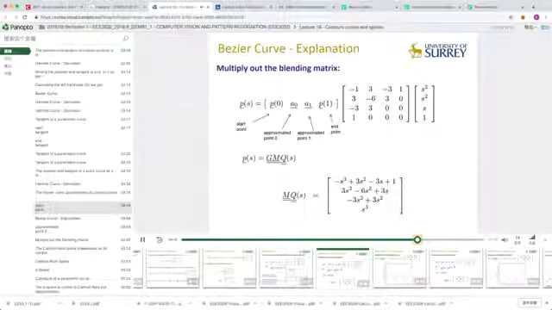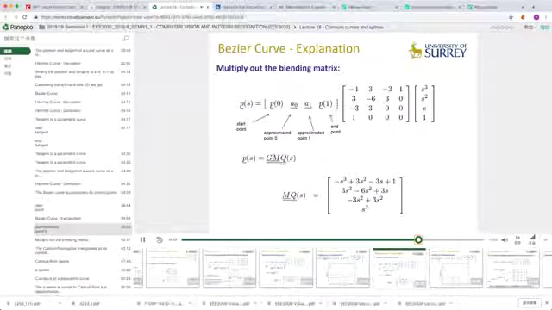So this is a vector containing 4 quantities expressed in terms of s, so 4 polynomials in s. So what happens when I complete the multiplication?